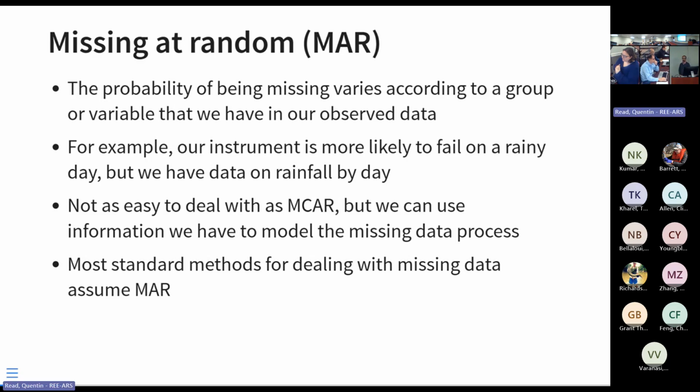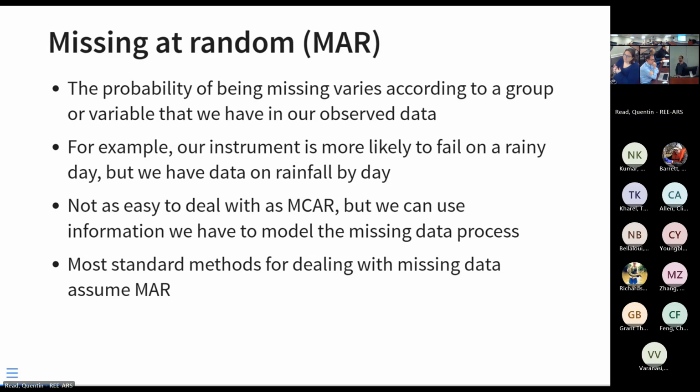If our instrument is more likely to fail on a rainy day, but we have data on rainfall, we can actually model the probability of missingness for any given data point. We know the underlying reason why it's missing, although it's still random. It's only a probabilistic process, but we understand why it's missing.